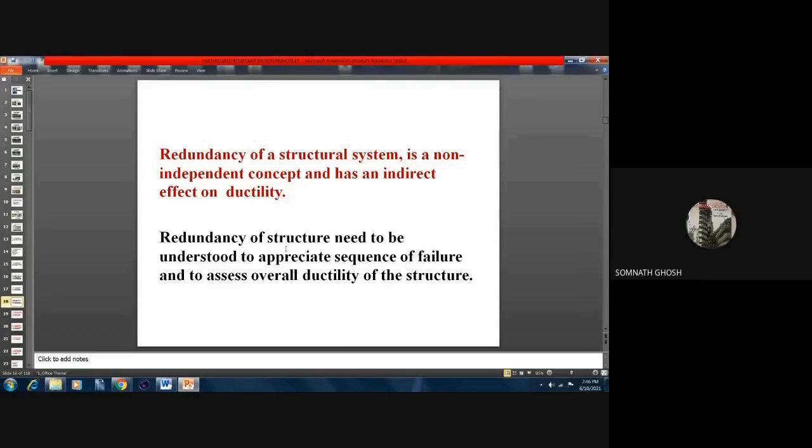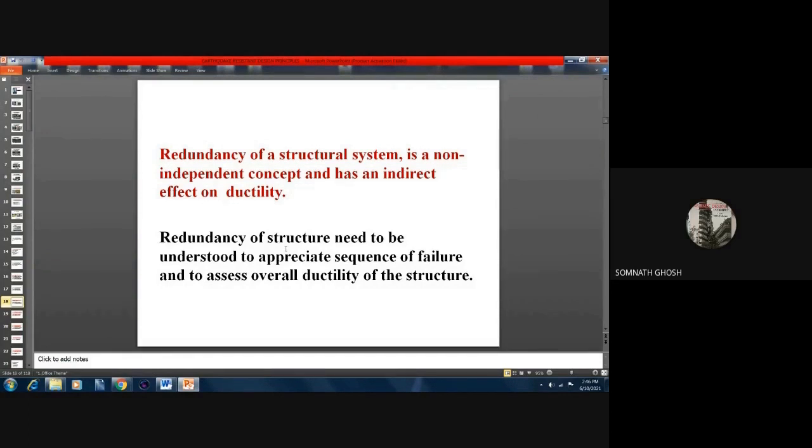So if somebody has an idea about sequential failure, and accordingly has an idea about ductility, obviously a connected plastic analysis, then only he will give you exact recommendation.